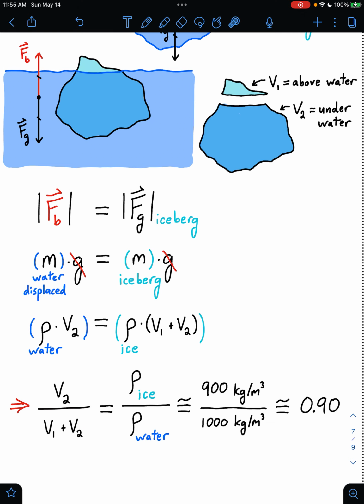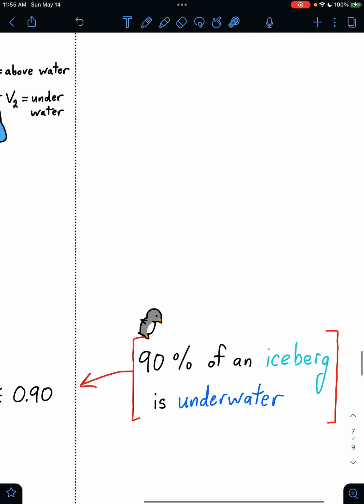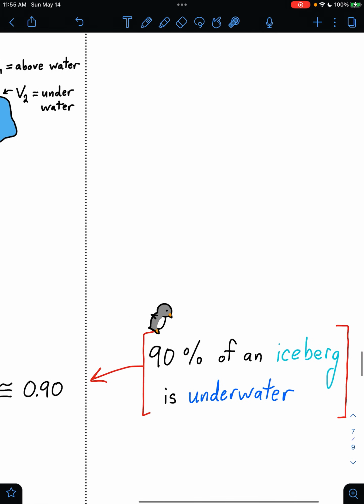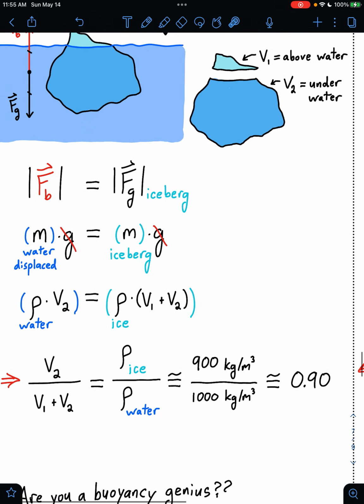That is the ratio of the volume of the iceberg that is underwater to the total volume of the iceberg. That is to say, the fraction of the iceberg's volume that is underwater here is given by the ratio of ice's density to water's density. So if ice is about 9/10 the density of water, then we get the familiar result that 90% of an iceberg is underwater, and the expression tip of the iceberg.